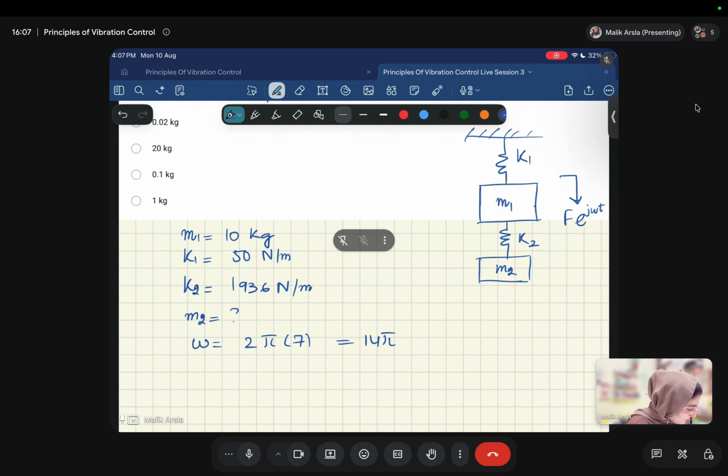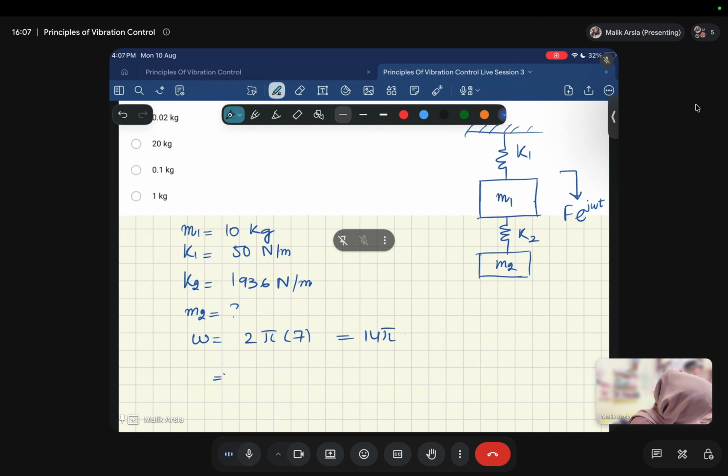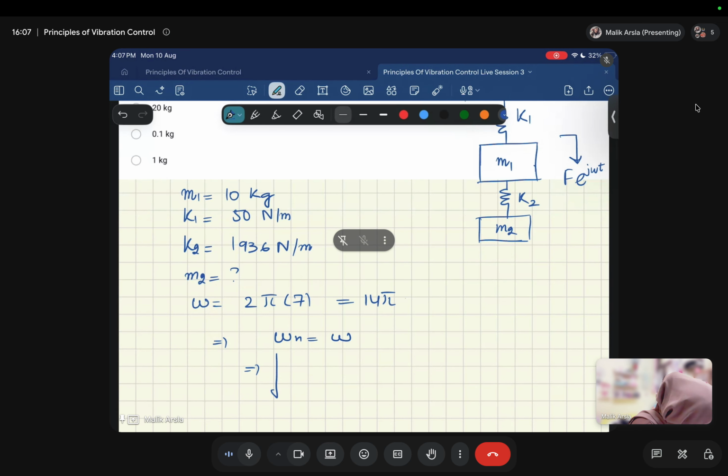So for perfectly tuned condition, we know that the natural frequency must be equal to this excitation frequency omega. So our natural frequency of the absorber will be the square root of k2 by m2, which should be equal to this 14 pi.